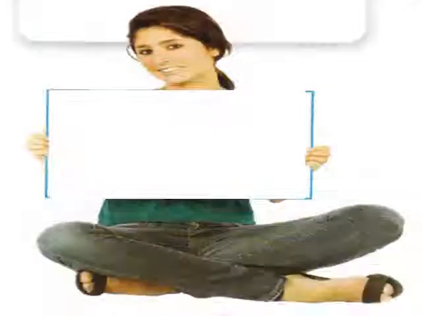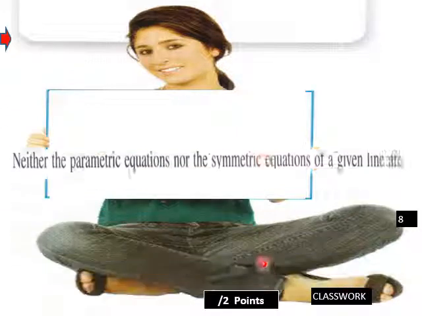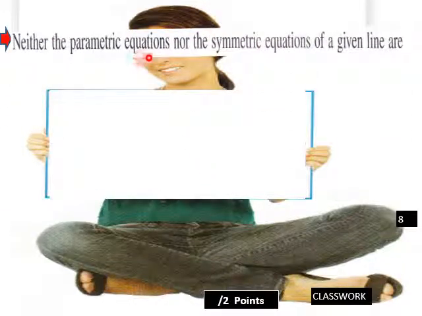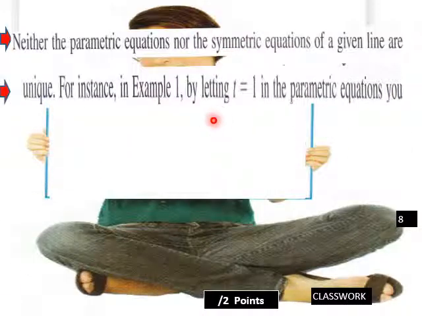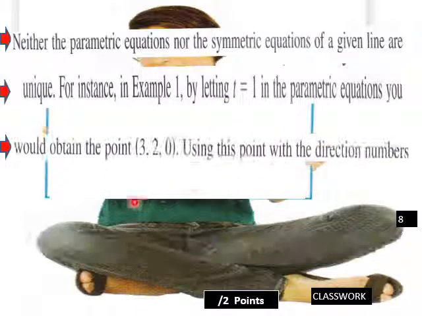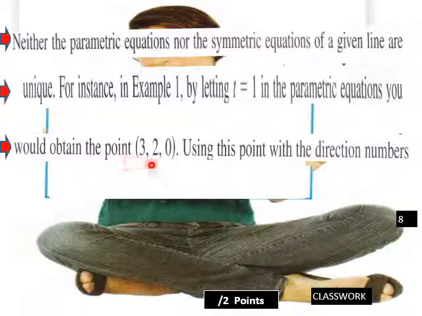Otherwise we're going to move on here, and we note that neither the parametric equations nor the symmetric equations of a given line are unique. For instance, in example 1, by letting t equal 1 in the parametric equations, you would obtain the point 3, 2, 0.